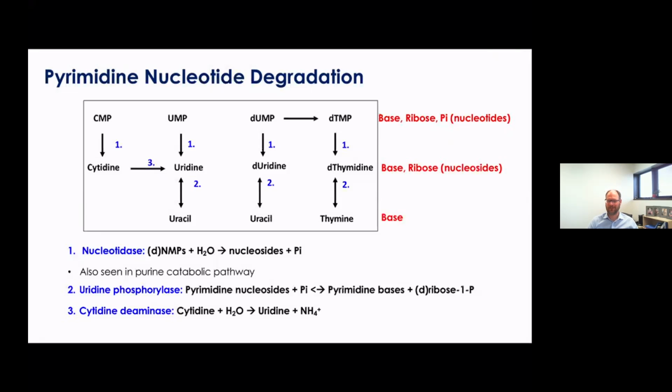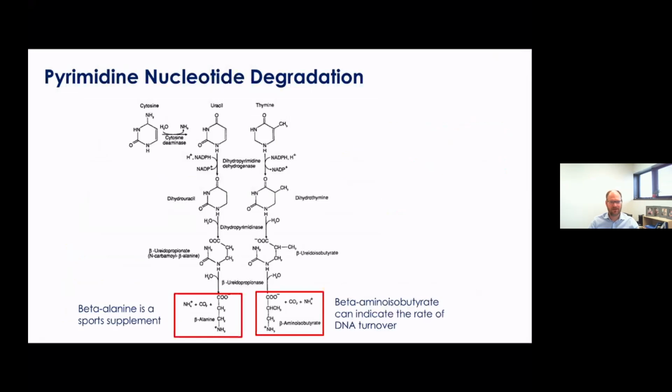We're going to be looking more at the roadmap. For pyrimidine nucleotide degradation, here are the pathways. They come in as cytosine, which can be converted into uracil via cytosine deaminase. Then there are these regular pathways that ultimately convert them into the final product.